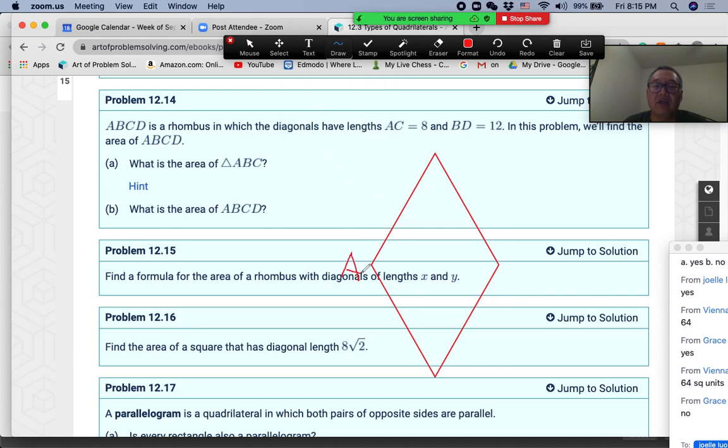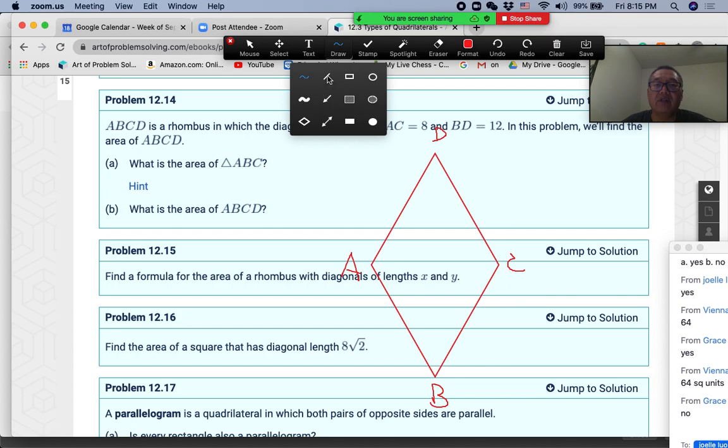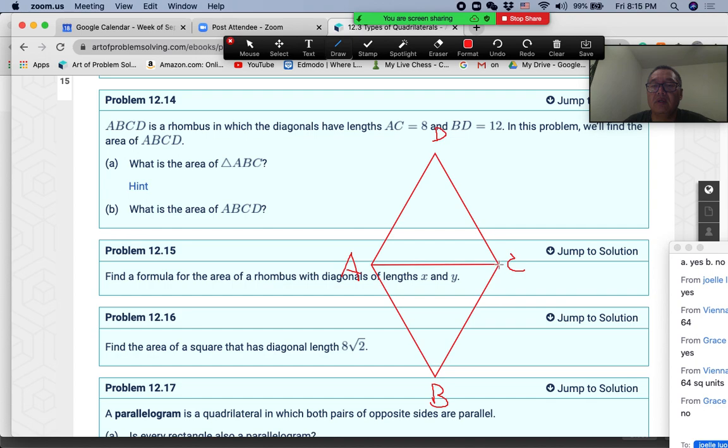This one is A, this one's B, this one's C, this one's D. Then you connect AC. Okay, then you connect BD. Then they give you AC equals 8, BD equals 12. Then they ask you what is the area of triangle ABC.